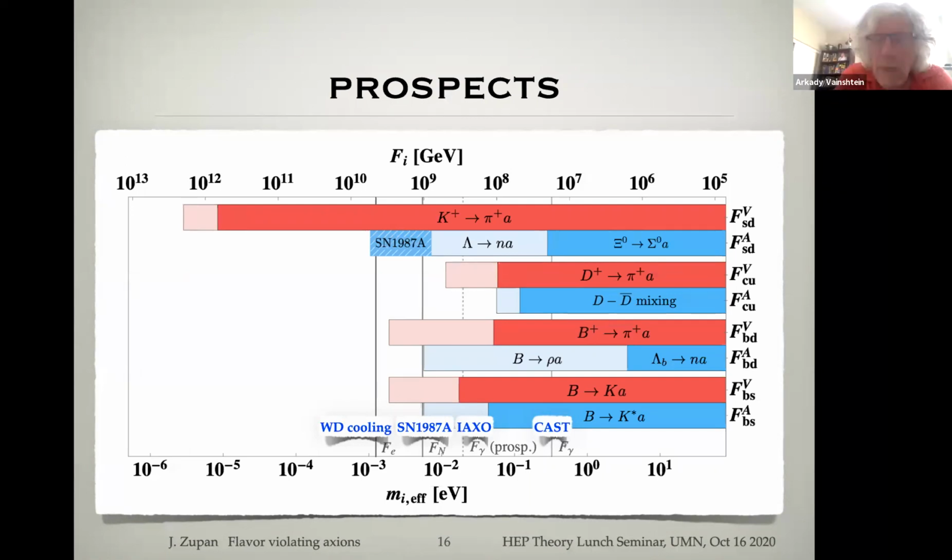Okay. I'm sorry, a step aside, returning back to this mixing between, say, a pseudoscalar meson and the axion.